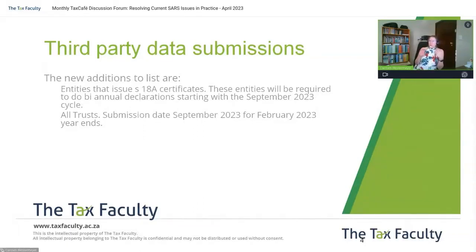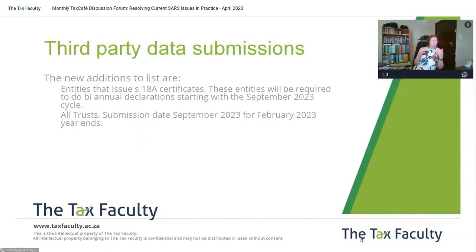For the 2015 year of assessment, there's a 57 billion, that's with a B, not an M, 57 billion rand gap between the amounts cleared as distributed by trusts versus what was recorded as taxable by beneficiaries.